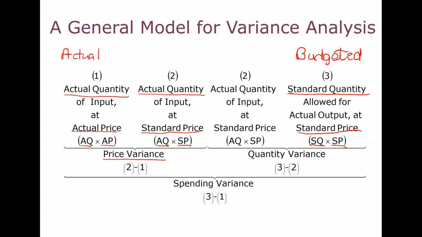And then going back to the second one, we'll take our actual quantity, what we did purchase, at our budgeted price. So the actual quantity of materials we purchased at our budgeted amount allotted for that. Take the difference and you will get your quantity variance. Now the middle two are the same, and this is your flexible budget.